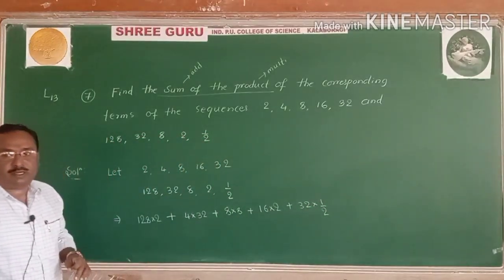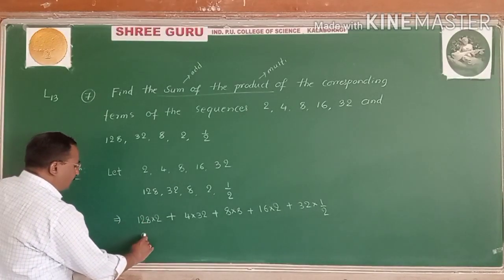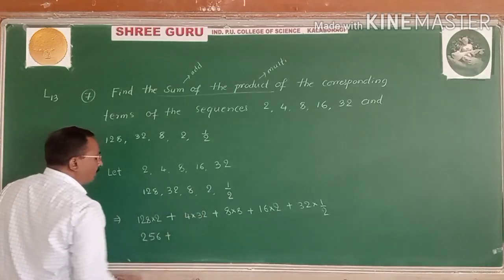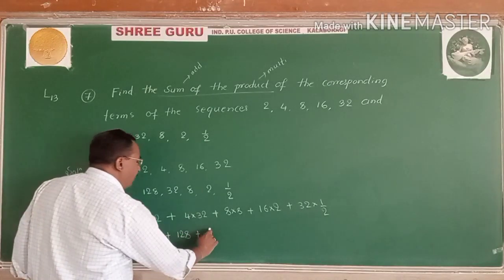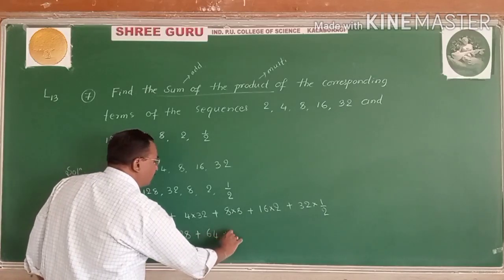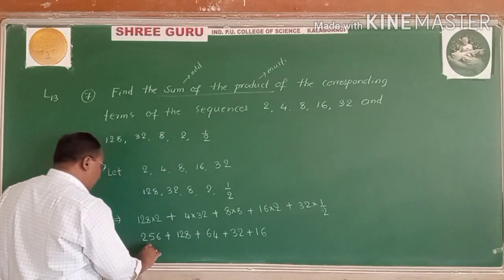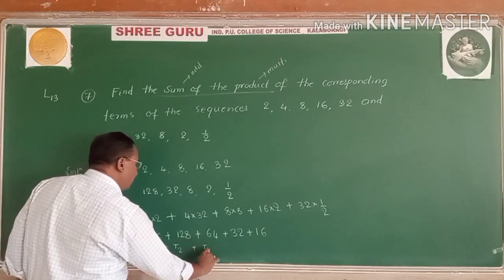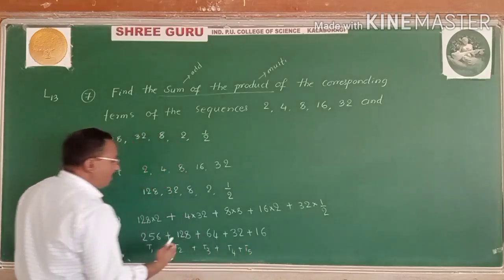That is 256 plus 128 plus 64 plus 32 plus 16. This is T1 plus T2 plus T3 plus T4 plus T5. How many terms?